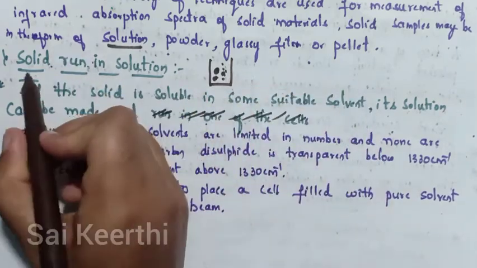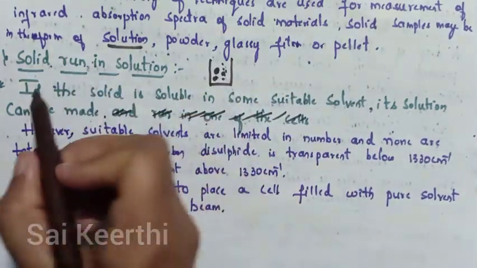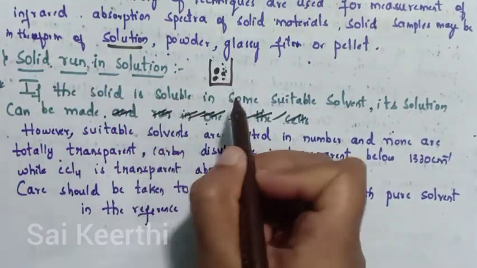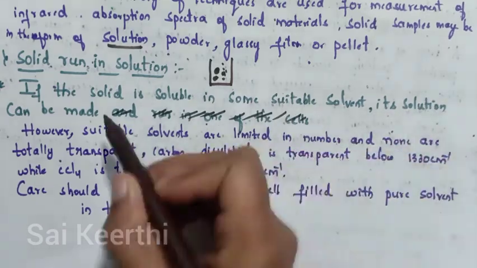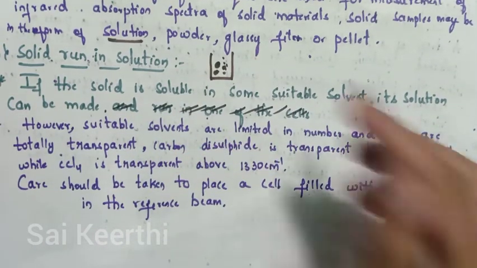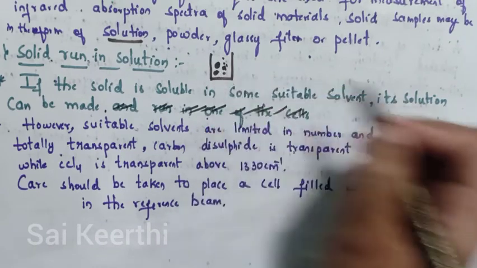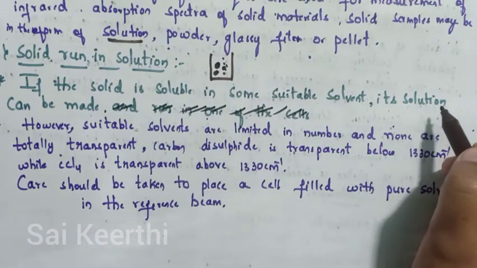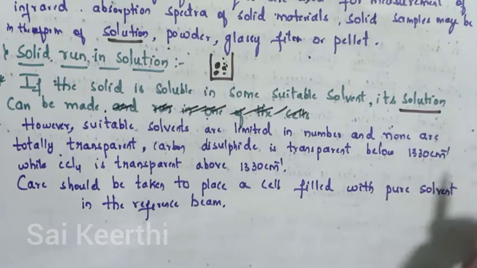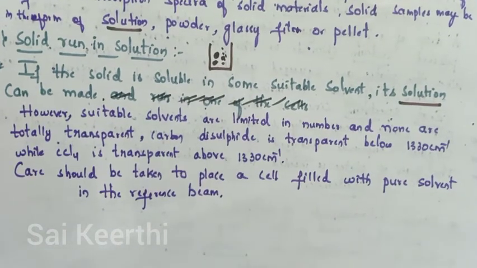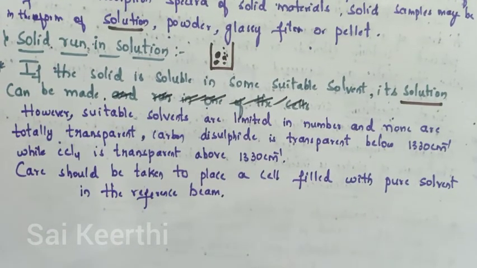So it is called solid run in solution. What happens when we have a solute and a solvent? It is converted into solution. So here a solution of the solid sample can be made.